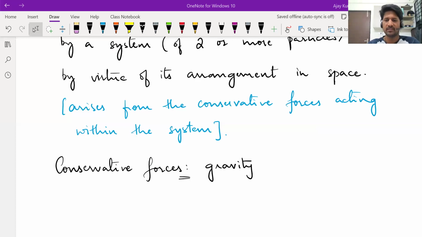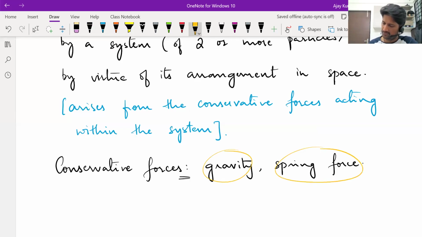Non-conservative. We proved that it is a non-conservative force. And if you solve the worksheet, you'll understand that spring force is also a conservative force.